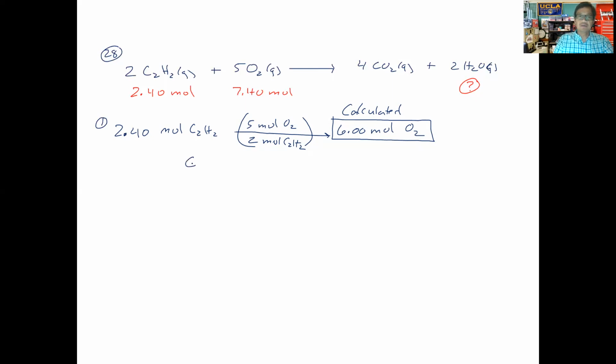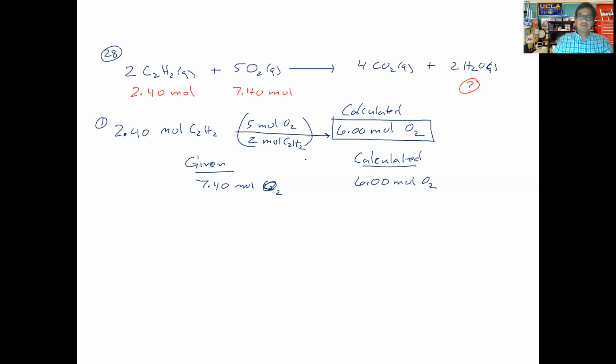The given value, because it's given to us in the problem, is 7.40 moles of oxygen. And the calculated amount of oxygen that we just calculated for is 6.00 moles of oxygen.